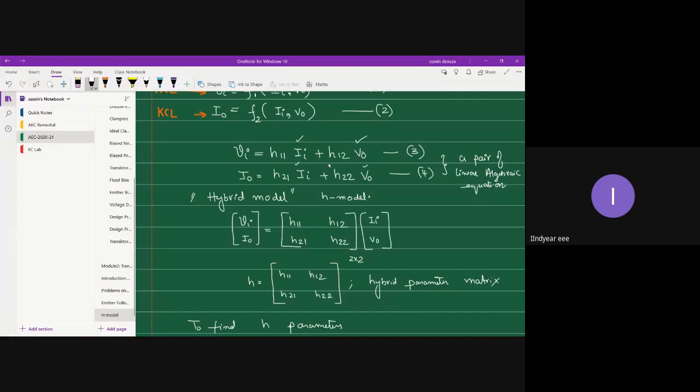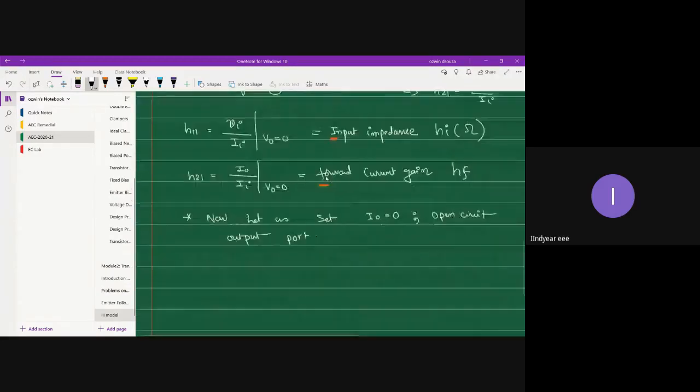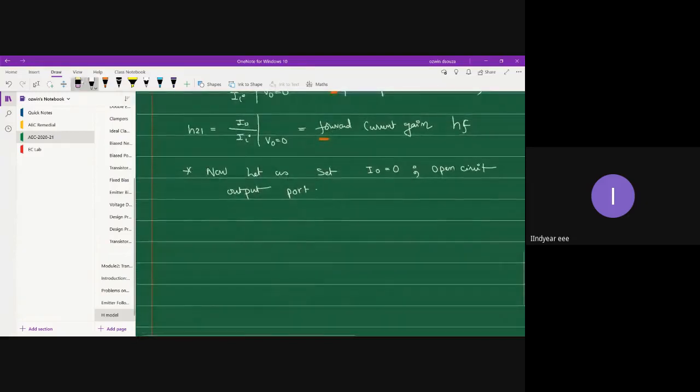I'm sorry, you are open circuiting the input port.